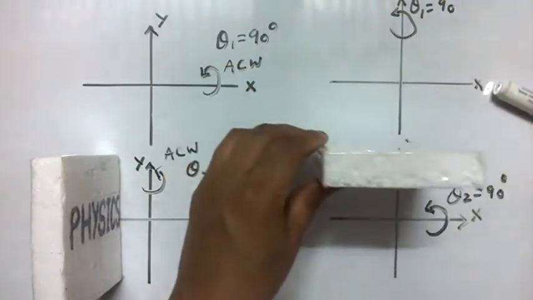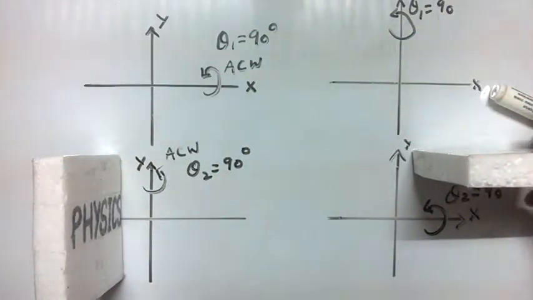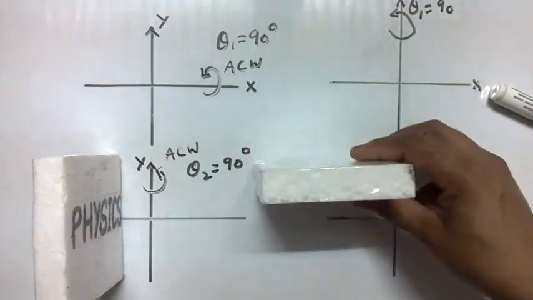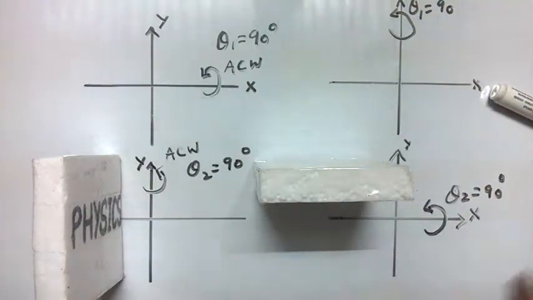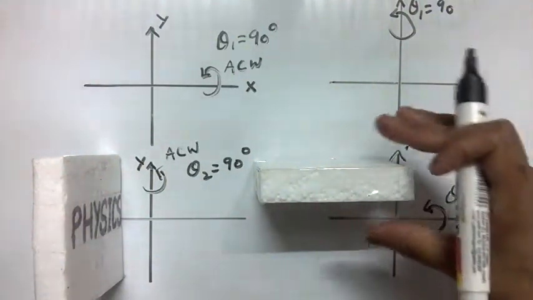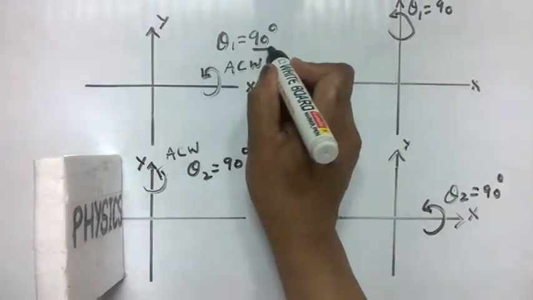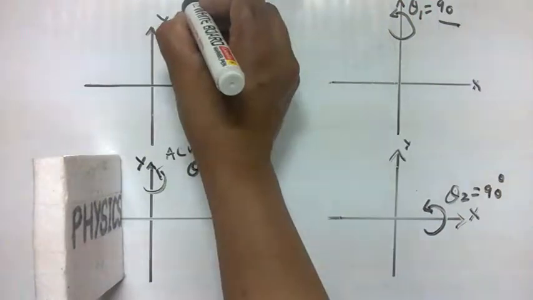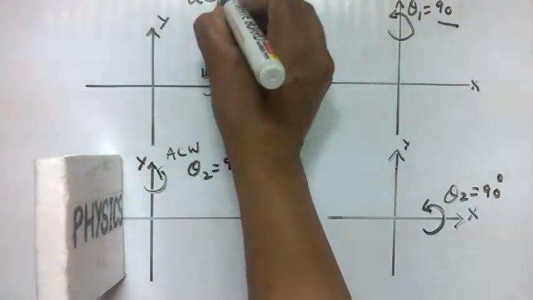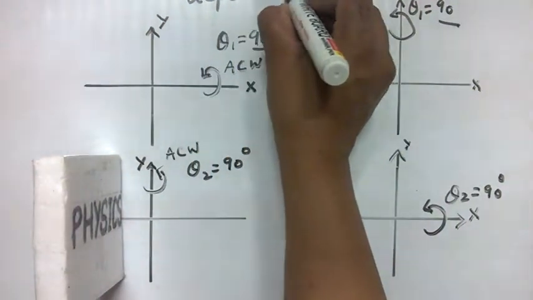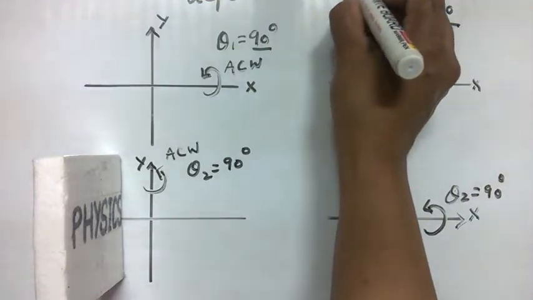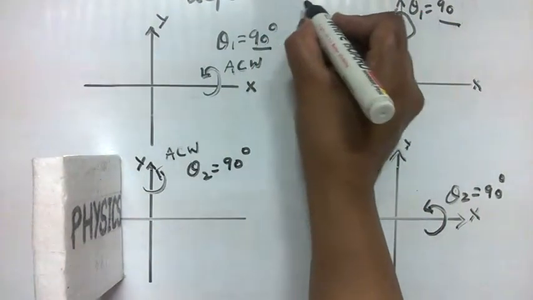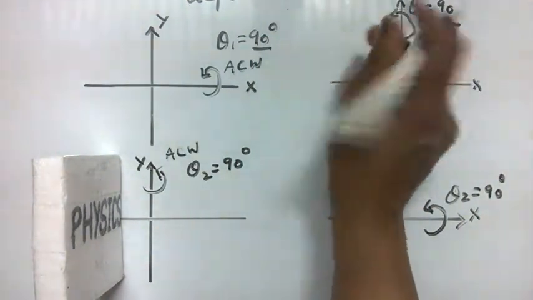So here we can see that the orientations are different. Thus we can conclude that if the angles are large, it depends on their order. Depends on order, that is, theta 1 plus theta 2 is not equal to theta 2 plus theta 1.